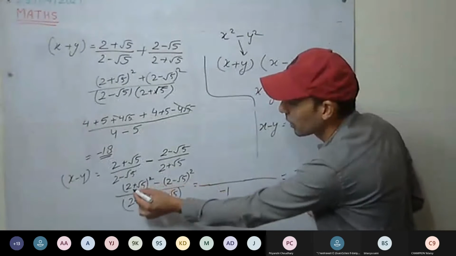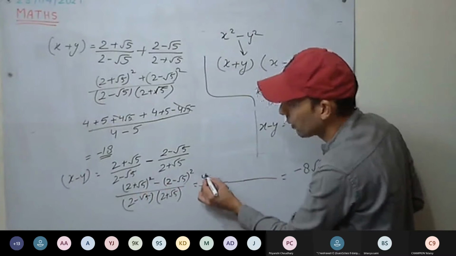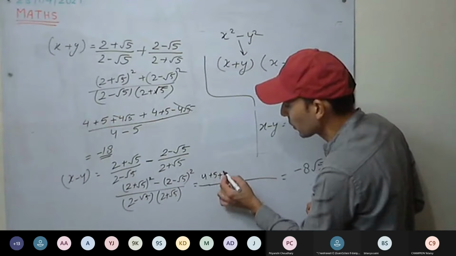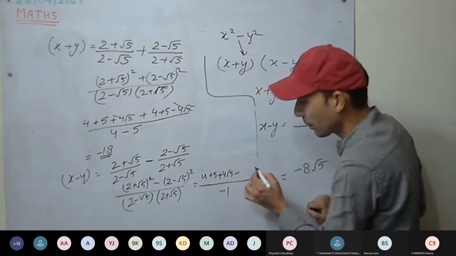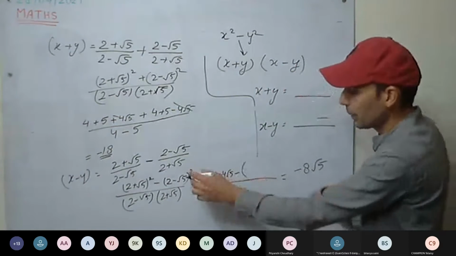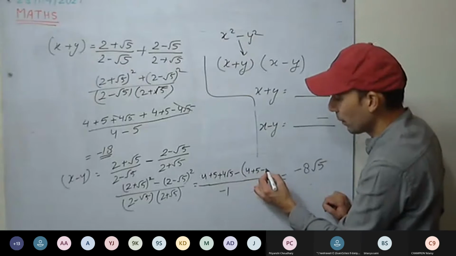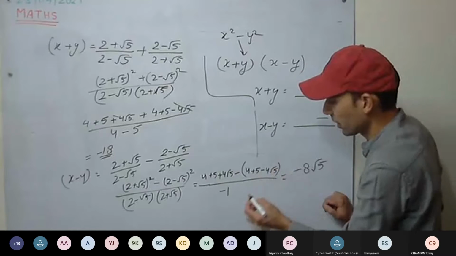Okay, see here. 2 plus root 5 square is 4 plus 5 plus 4 root 5. Then minus, in brackets we put 4 plus 5 minus 4 root 5.